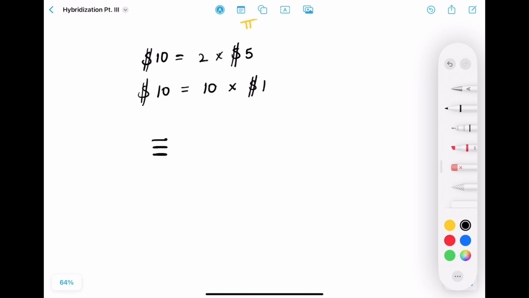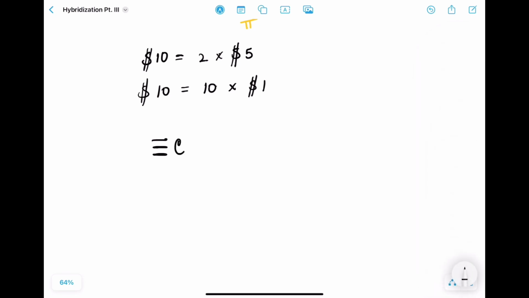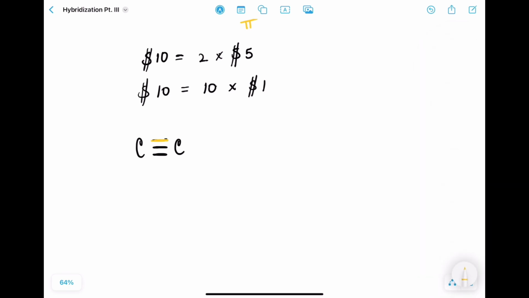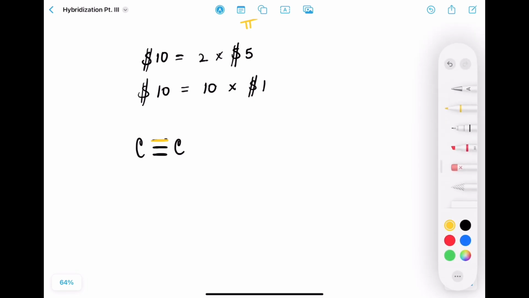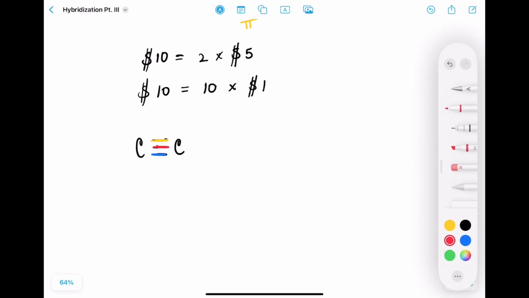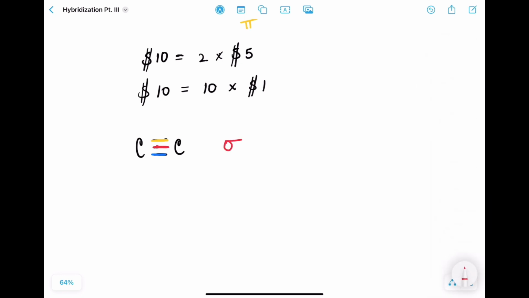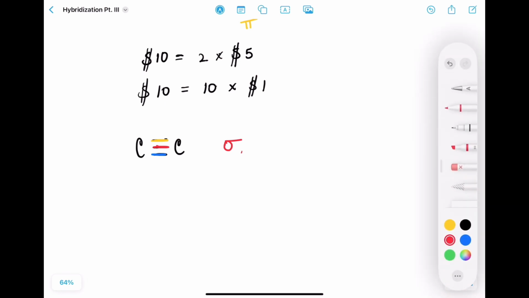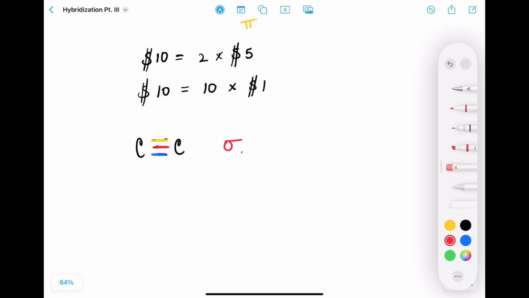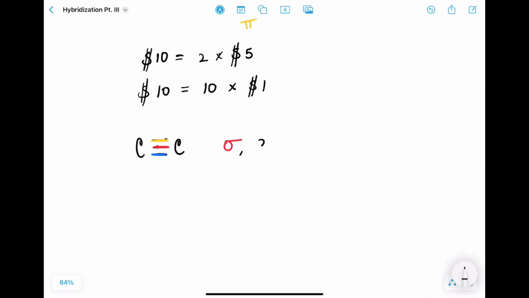And so it's the same thing whenever we see a triple bond. Whenever we have a triple bond, let me draw a carbon here, and blue there, just to stay with my convention. A triple bond is going to be equal to 1 sigma and 2 pi bonds.